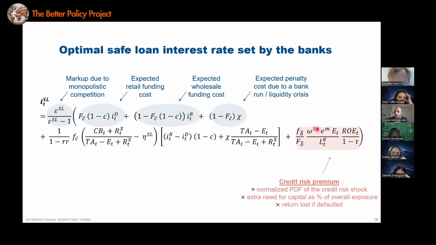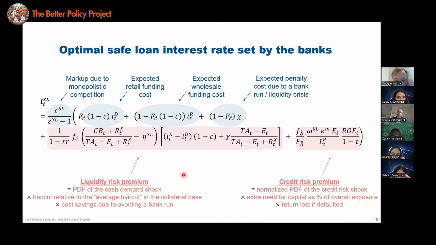So because of this risk weight, because there is still some requirement to hold more equity if banks extend safe loans, the cost of obtaining this equity needs to be compensated by loan interest rates. So the left part is essentially the quantity of need for equity times ROE, the return on equity, which is the price of equity.